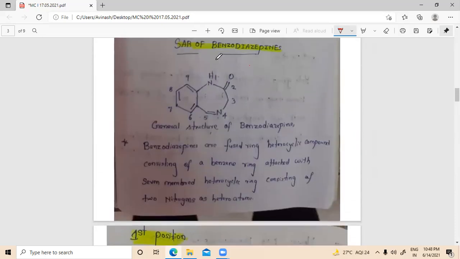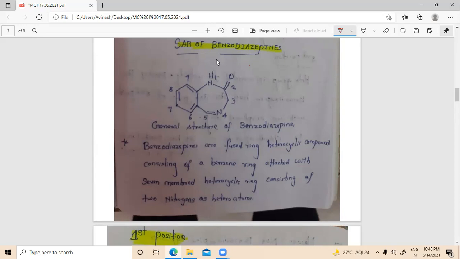I'll be discussing the structure activity relationships of benzodiazepines position wise. There are totally 9 positions, so we will discuss the SAR starting with position number 1.